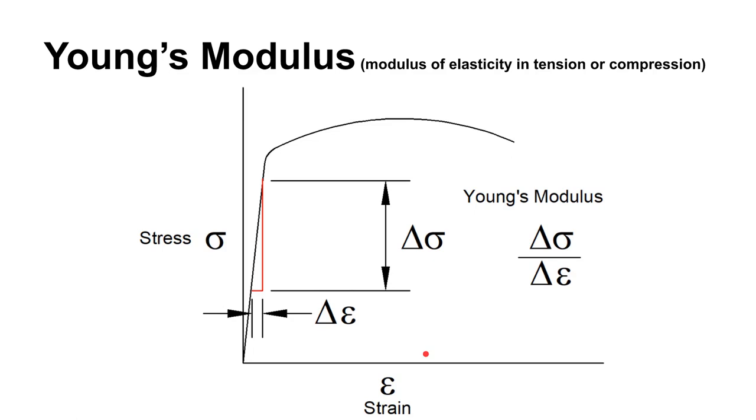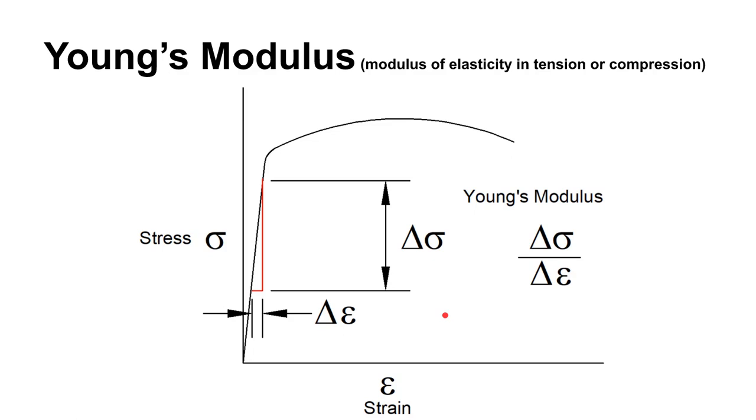Now, I just said that megapascals would be a good unit for stress, and now I'm saying that 200 gigapascals might be a good number for the modulus of elasticity, and I just got through saying that they would be the same, and they are.